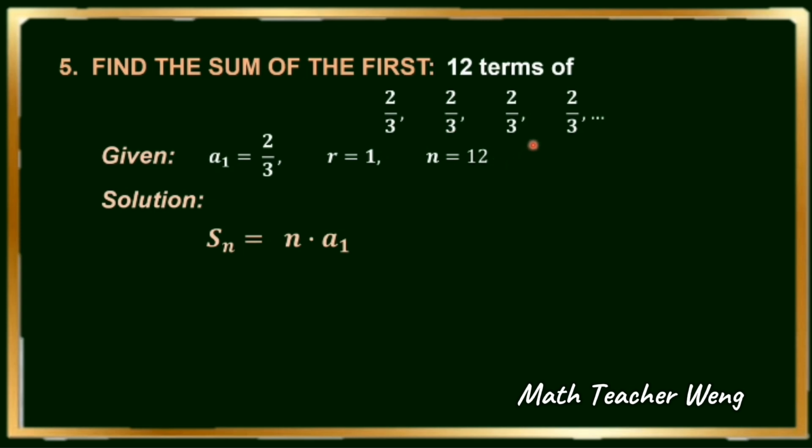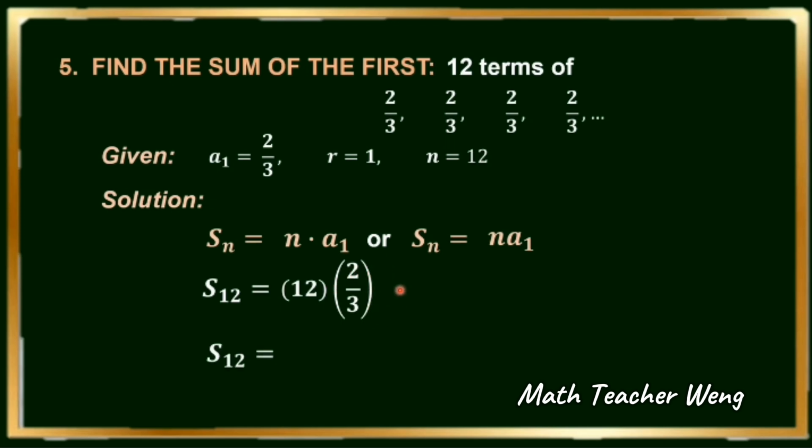Since all the numbers are just the same, to find the sum, you can just multiply the number of terms by the first term, because all the other terms are equal to the first term. So S sub n equals n times a sub 1, or S sub n equals n a sub 1. We can write it this way or this way. So S sub 12 is equal to 12 times a sub 1, where our a sub 1 is 2/3. So 12 times 2 is 24, divided by 3 is 8. So S sub 12 equals 8.